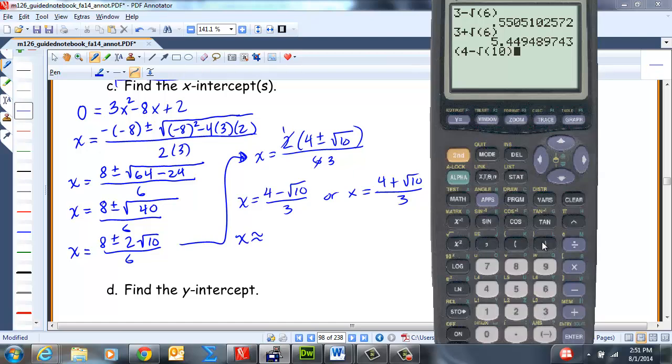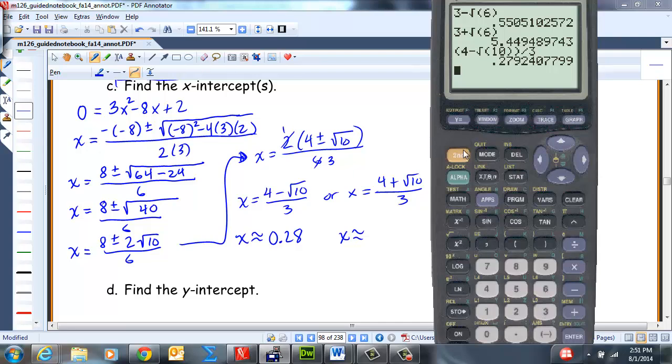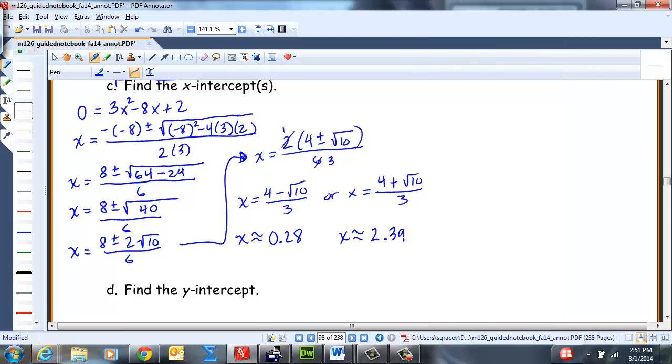One parenthesis ends the radical and the other ends the numerator, and you're dividing the whole thing by 3, and you hit enter, and we get approximately 0.28. And then over here, I'm going to do that trick where you can do second enter, and then I'm going to just go back and change this to a plus. And we get approximately 2.39. So that's going to help us for graphing.